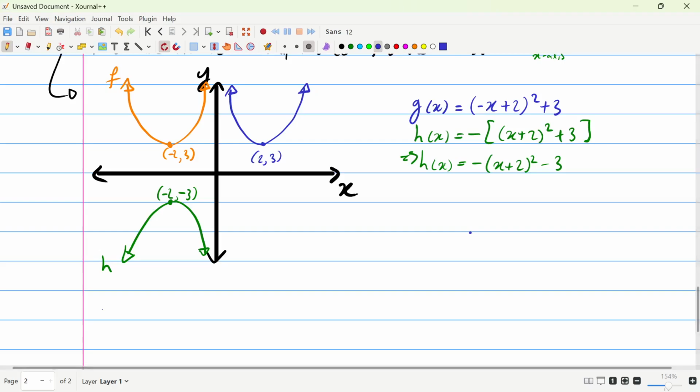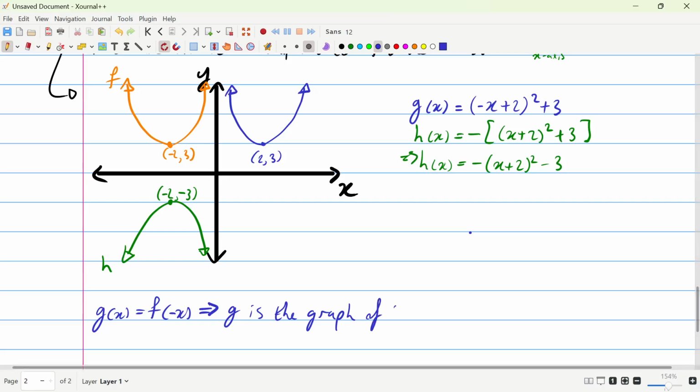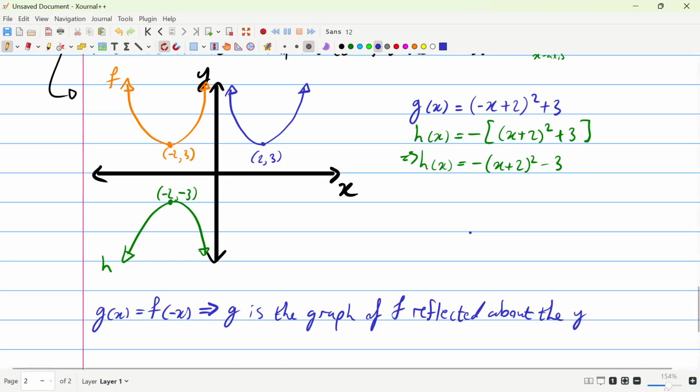We are going to show over here that g of x equals f of negative x implies to us, this is an arrow by the way, it implies to us that g is the graph of f reflected about the y-axis. We're just describing what we have done, okay?